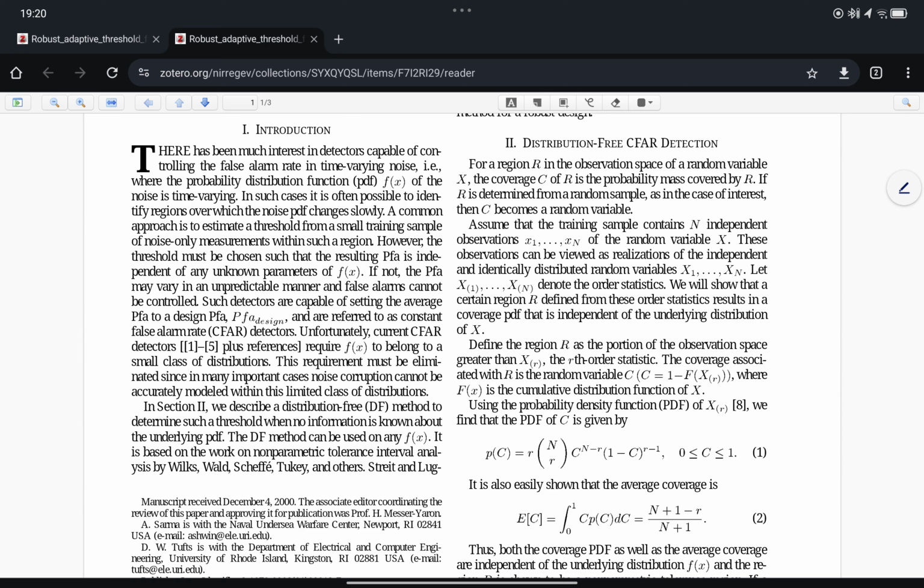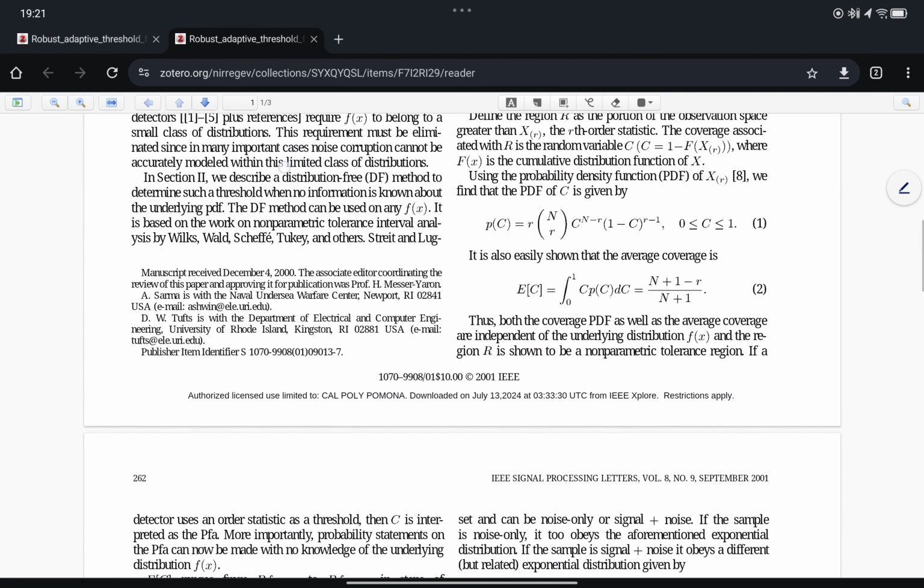Then this C can be treated as the false alarm probability, PFA, and its PDF is given by this, which is a binomial random variable, which is interesting.